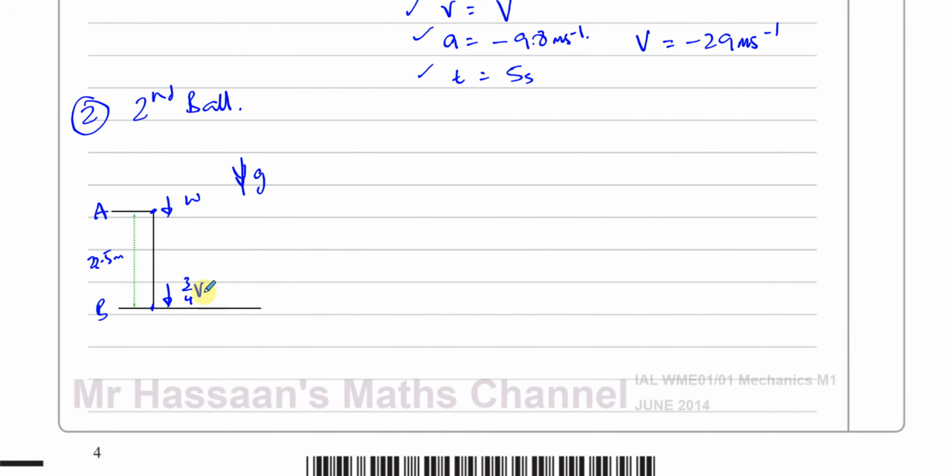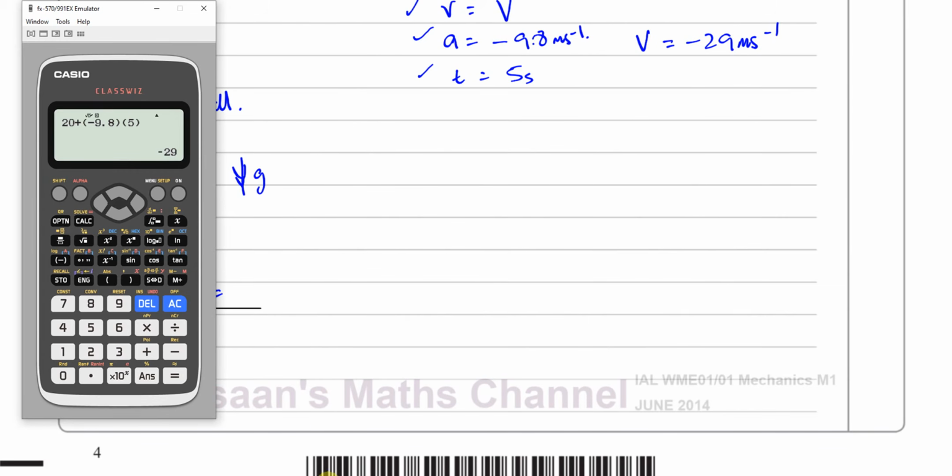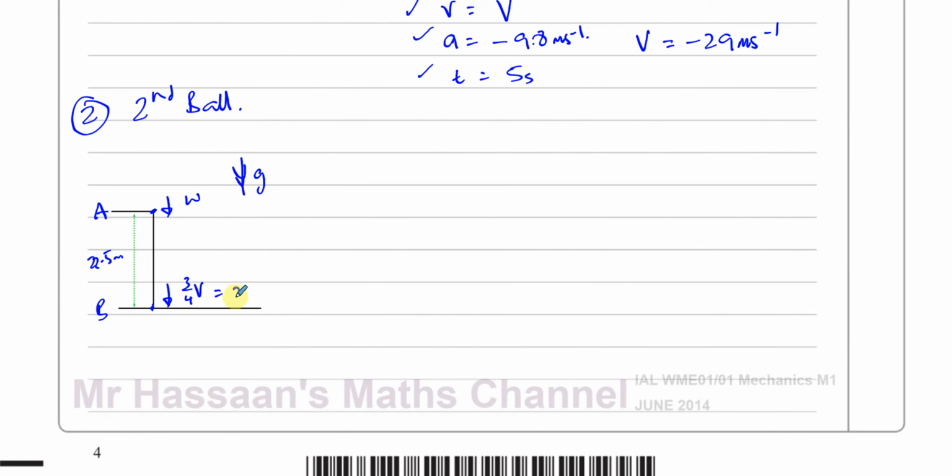I know that this value here is 3/4 of 29, so I'm putting its value in times 0.75, which gives you, I'll keep it as positive, 21.75 meters per second. That's the speed with which this ball hits the ground, just before it hits the ground.